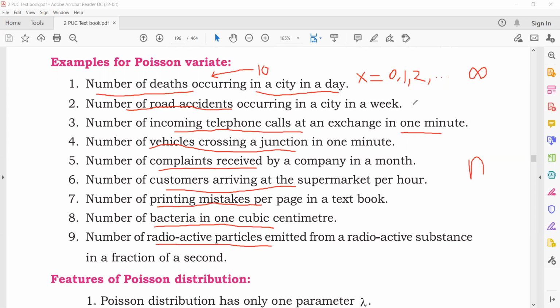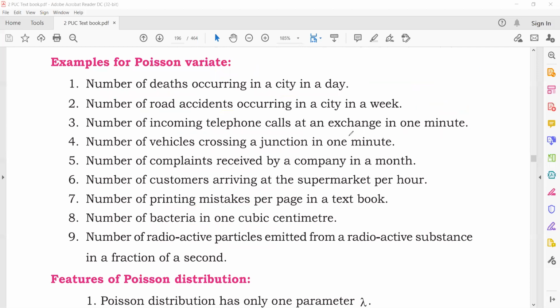If you put the value of n as the number of vehicles, say 20 bikes passing a particular traffic junction, then out of these 20, how many accidents will happen? In that case, number of accidents out of 20 becomes binomial. But since we leave it for a week, a day, or a particular time, you cannot fix the value of n. Therefore, all these come under the examples of Poisson.